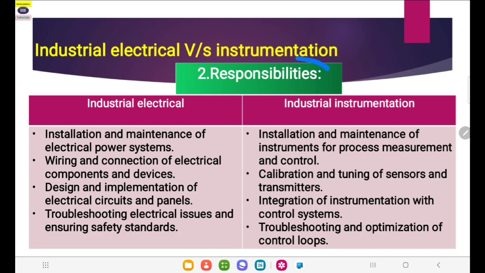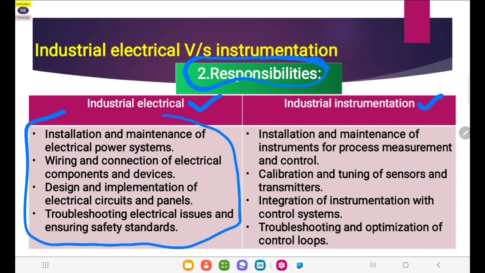Now talk about responsibilities. What are the responsibilities of the industrial electrical engineer and what are the responsibilities of the industrial instrumentation engineer? First, the electrical engineer's responsibilities: installation and maintenance of the electrical power system. First, wiring and connection of electrical components and devices. The electrical components may be your circuit breaker, maybe your MCB and some motor.